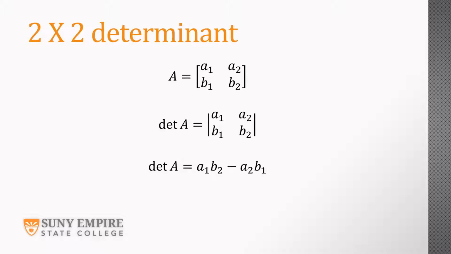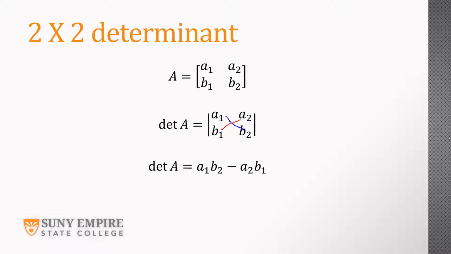To find the determinant, which is sometimes shown as a set of absolute value brackets around a matrix, we subtract the product of the values along the main diagonal minus the products of the values on the off diagonal. In our general case, this means we have A sub 1 multiplied by B sub 2 minus A sub 2 multiplied by B sub 1.